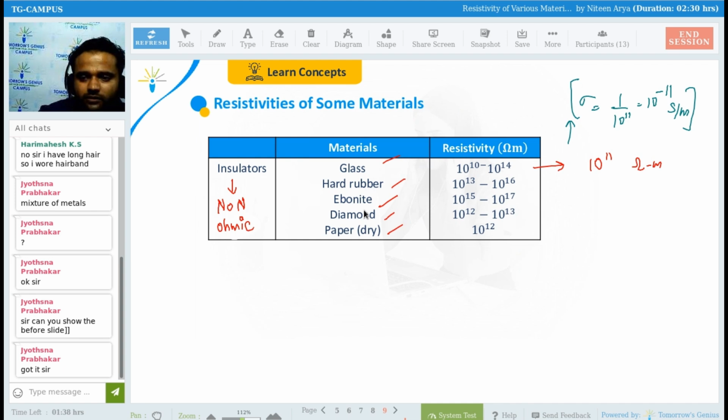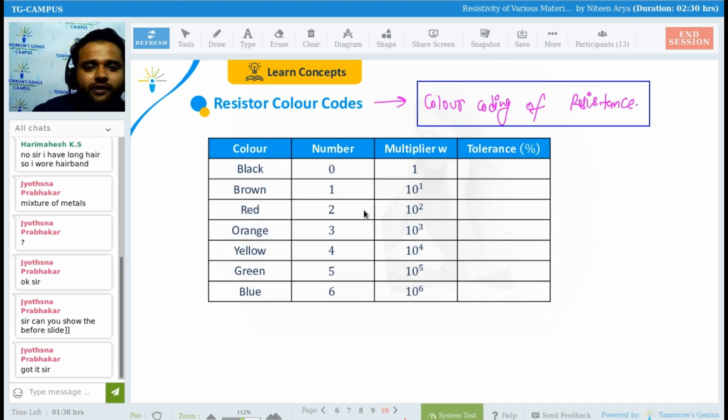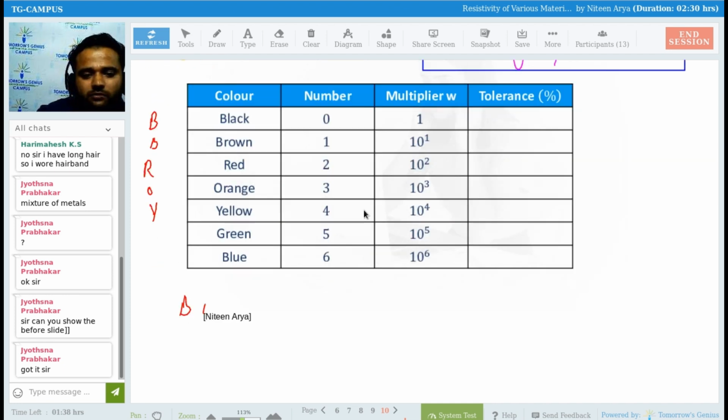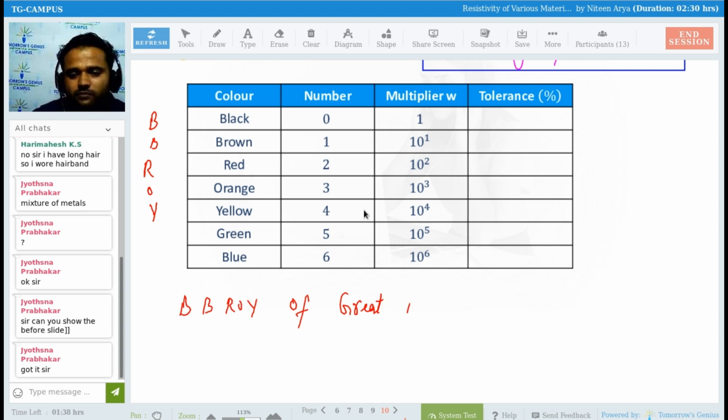Got it. Okay, so how can you rhyme it out? B.B. Roy of Great Britain has a very good wife. Let me write it out. B.B. Roy of Great Britain.